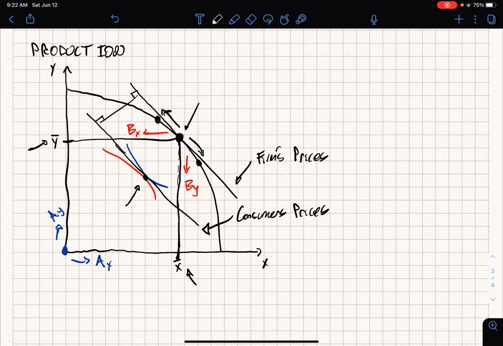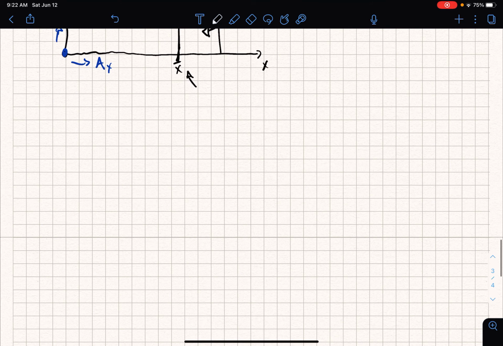Okay. So just to close out here, we have two welfare theorems.